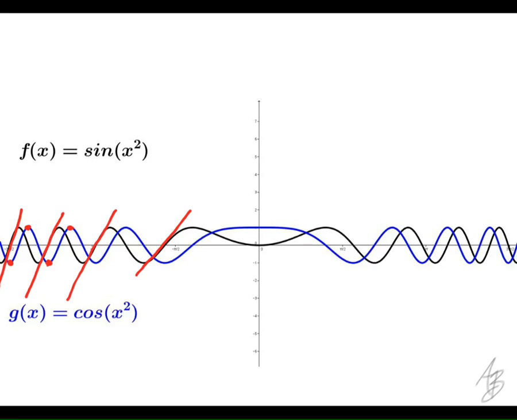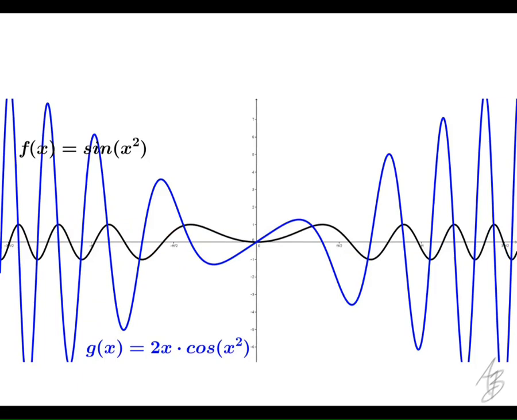So just that right there shows you that the derivative of sine of x squared is not cosine of x squared. It's going to involve this right here, but we're going to have to multiply by something here to fix it. So the derivative of sine of x squared is actually 2x times the cosine of x squared.